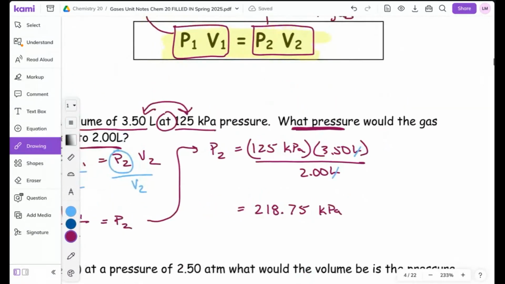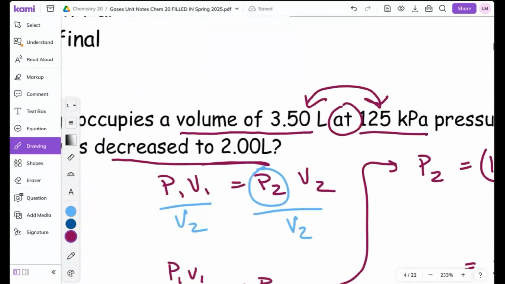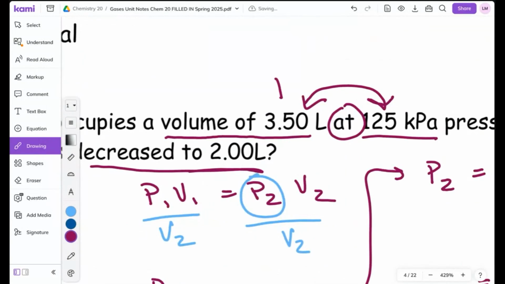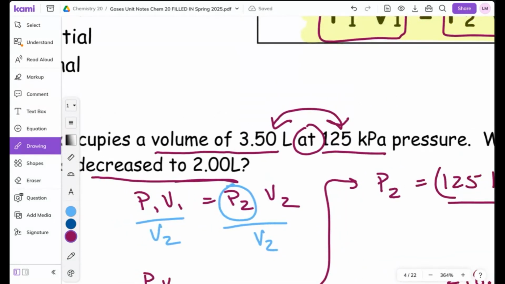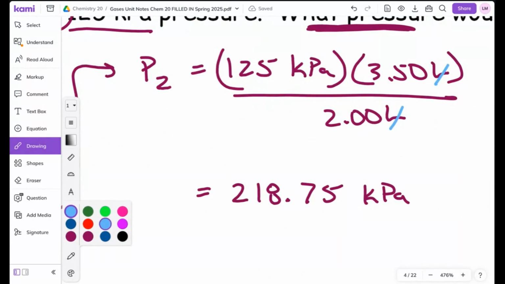Now let's worry about sig digs. Looking at our numbers given to us, the 3.50 has 3 sig digs, 125 also has 3 sig digs, and 2.00 liters also has 3 sig digs. You always go with the number that has the least amount of sig digs, but since they all have 3 sig digs, that just means that our final answer should be to 3 sig digs.